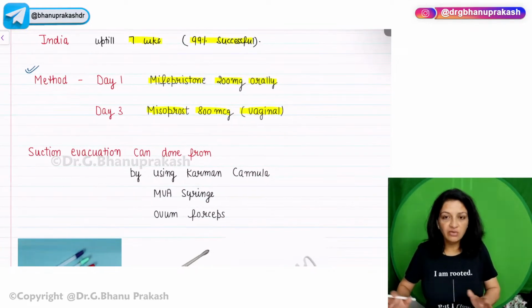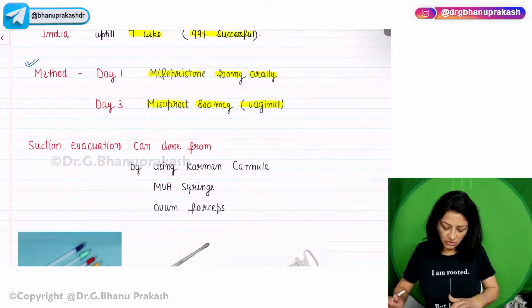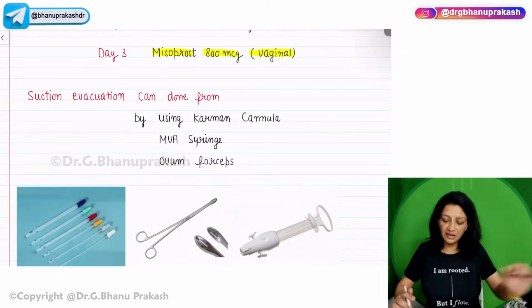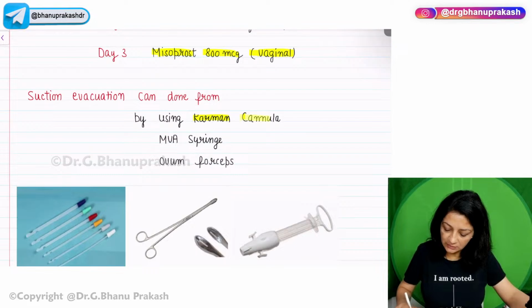So this is the method of first trimester abortion, and you can do suction and evacuation by Karman cannula, MVA syringe or ovum forceps.